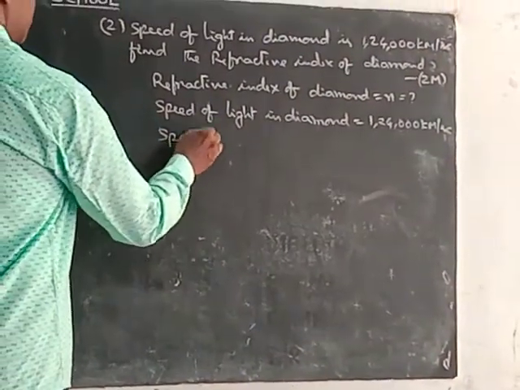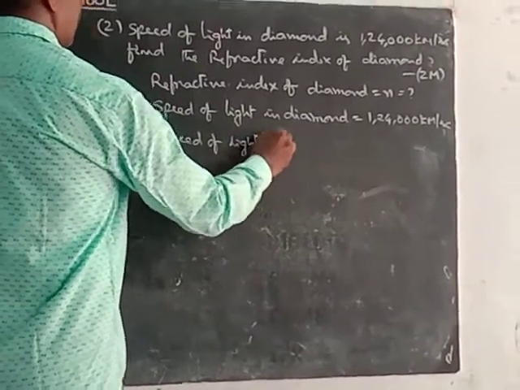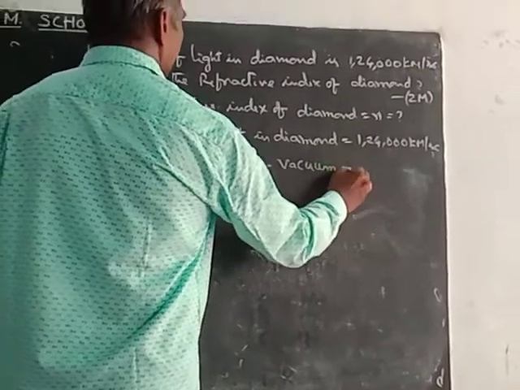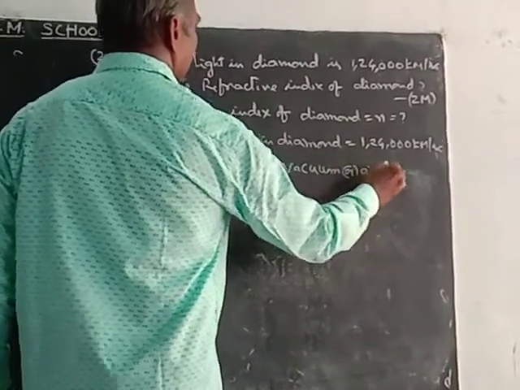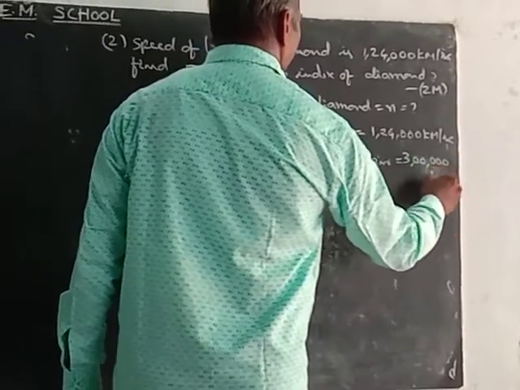Speed of light in vacuum or air is 3 lakh kilometer per second.